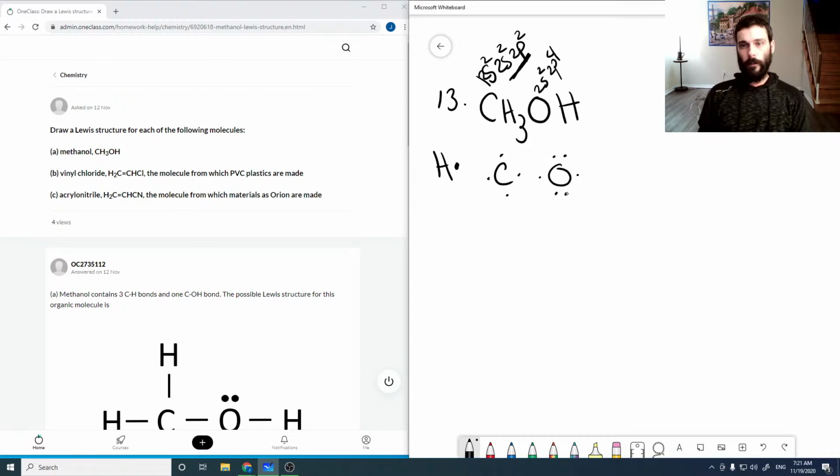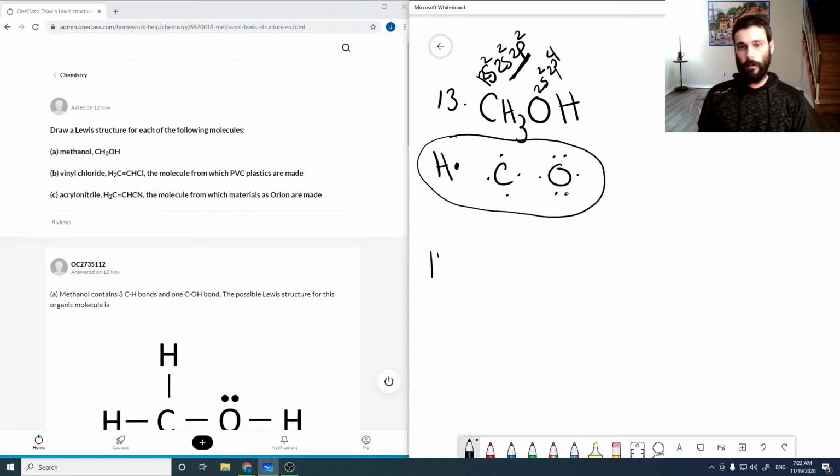Obviously, this is kind of a sketching algorithm rather than an actual picture of what the structure looks like, but still we try to make it as lifelike as possible. So for methanol, we're just going to put these components that I've sketched out here into place.